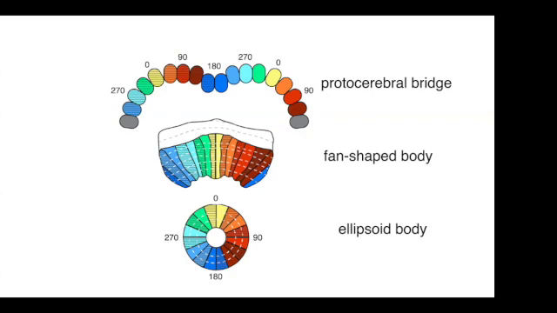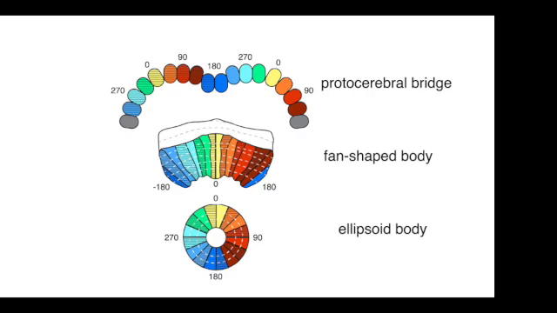And one thing that does is allow you to take these angle coordinates and reassign them back down in the fan-shaped body. So by looking at how these different cell types connect, we can trace out an analog map of the circle being mapped twice into the protocerebral bridge and then once across the fan-shaped body.